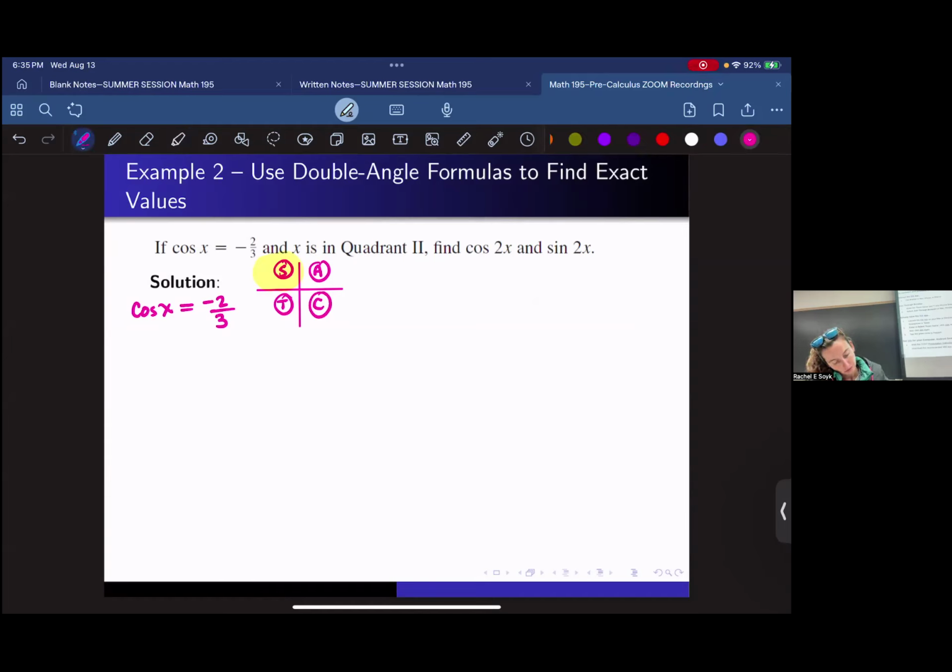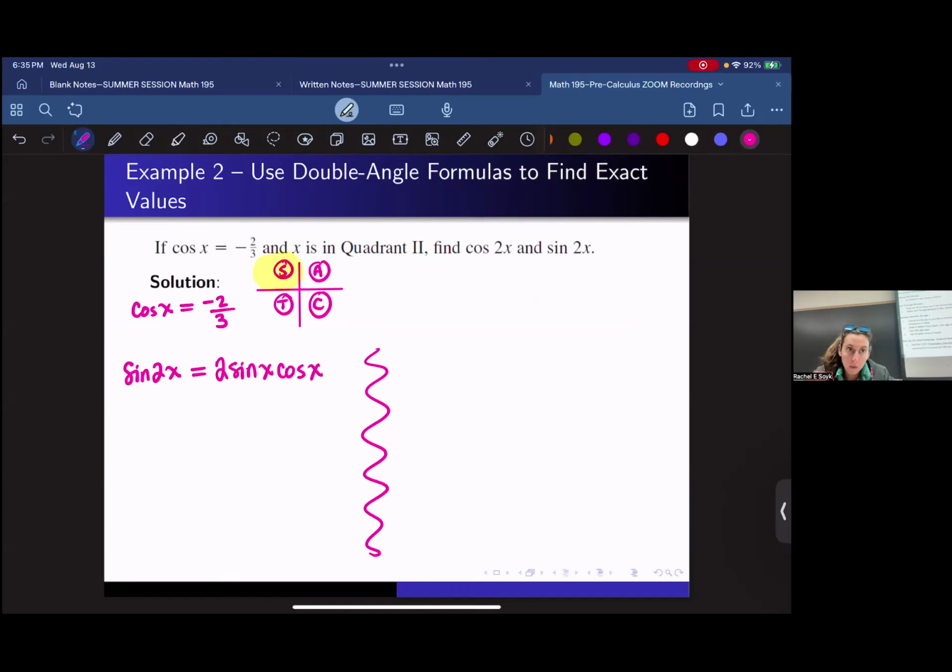So our sine of 2x, again, is the same as 2 sine of x cosine of x. And then our cosine of 2x, we have 3 different options.